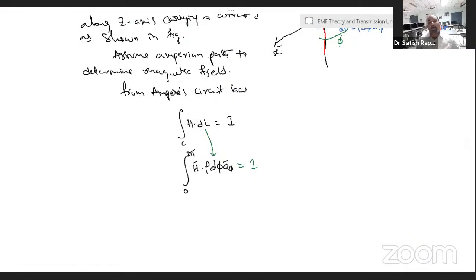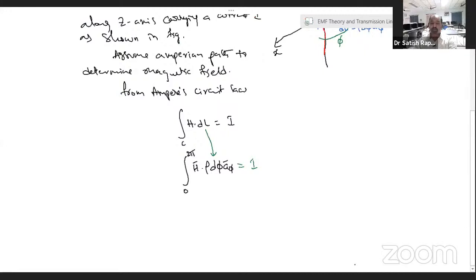Here also, to apply Ampere's circuital law, the condition is the field should be uniform. In Gauss's law also, to apply Gauss's law, what are the conditions? The field should be uniform, and the field should be normal to the surface. Those are the two conditions to apply Gauss's law. Similarly here, to apply Ampere's circuital law, the field should be uniform.